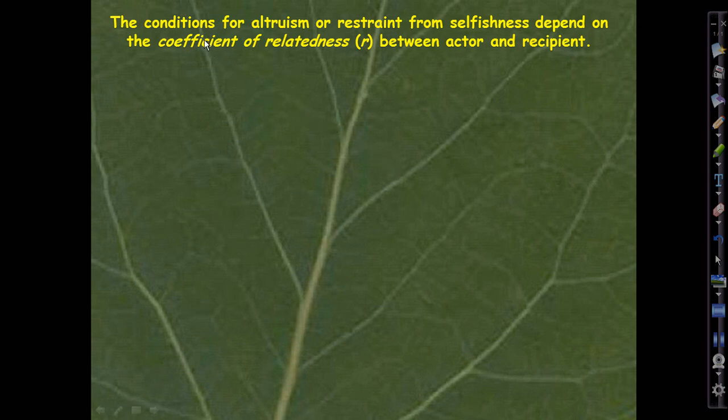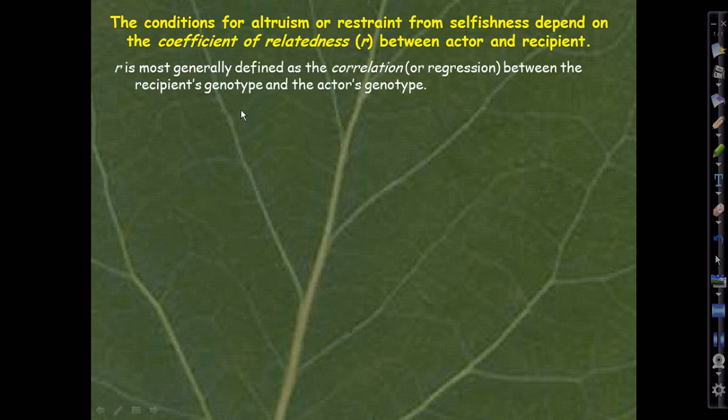So the conditions for altruism or restraint from selfishness are clearly going to depend on this number called the coefficient of relatedness, little r, between actor and recipient. It's most generally defined as a correlation or regression between the recipient's genotype and the actor's genotype, which is a bit abstract, although it's easy to understand once you understand it.